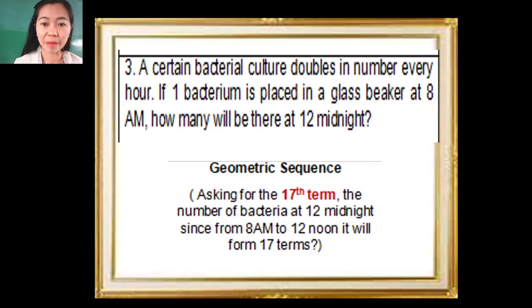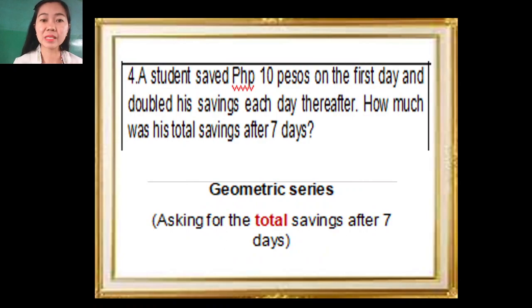And you are asked to find the number of bacteria at 12 midnight, and that is the 17th term. Meaning you are going to solve for a sub 17 of this geometric sequence. Okay? Next, number 4. A student saved 10 pesos on the first day and doubled his savings each day thereafter.